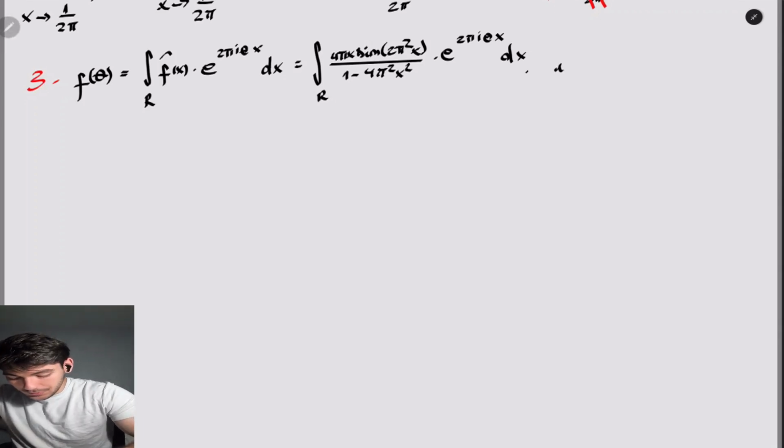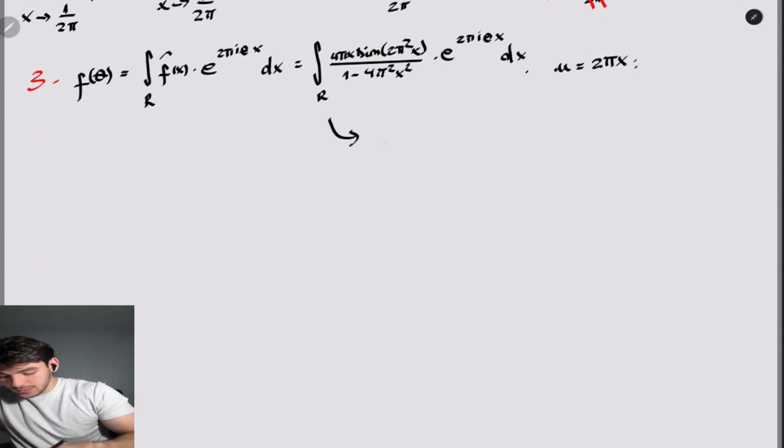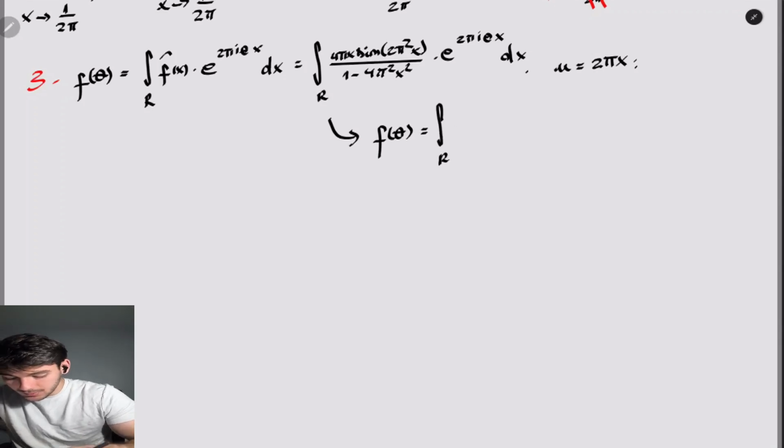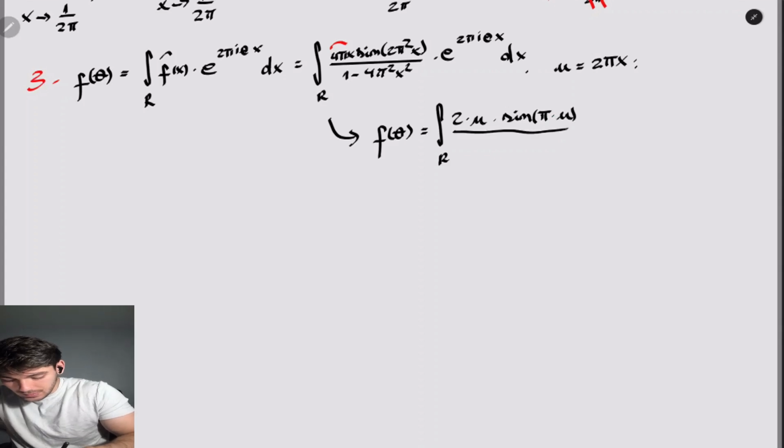So let's do u equals 2 pi x. If we rewrite this, we'll have f of theta equals the integral over the real numbers of, here we have 4 pi x, so we'll have 2 times u, sine of 2 pi squared x, that's pi times u, and we're going to divide it by 1 minus u squared.